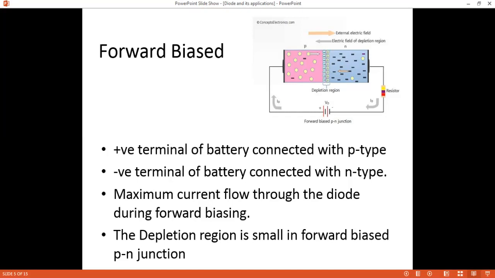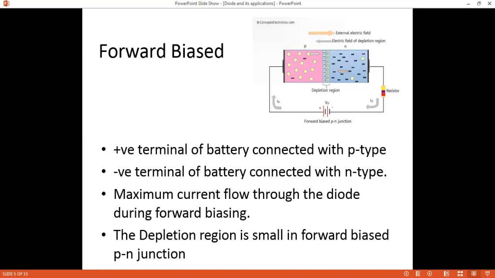Holes are nothing but positive, electrons are nothing but negative. In this diagram, the P-type material and the N-type material are combined.